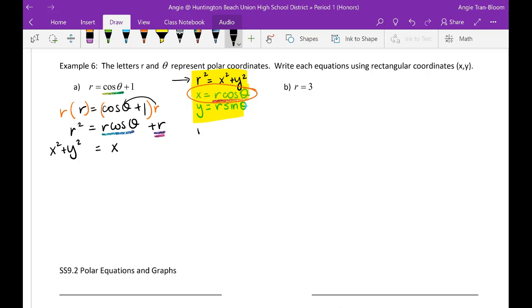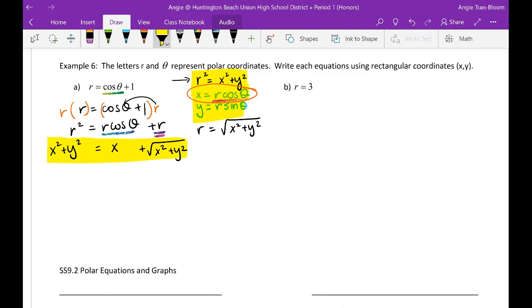Well, earlier, if r squared is x squared plus y squared, then r can be thought of as the square root of x squared plus y squared. So yes, you can also drop it down just like that. So this is as simplified as it's going to get.